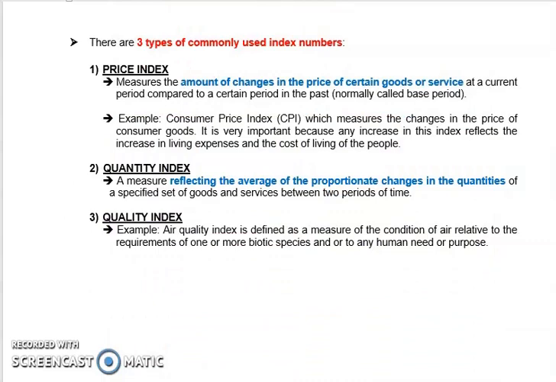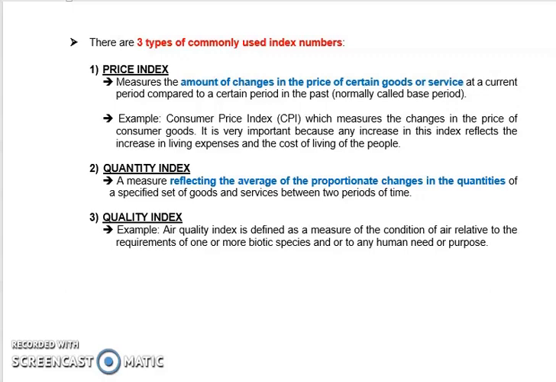Okay, so there are three types of commonly used index numbers. First, we have price index, for example, consumer price index just now. It measures the amount of changes in the price of certain goods, or it can be services as well, at a current period compared to a certain period in the past.